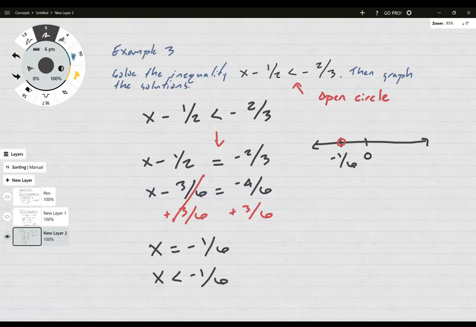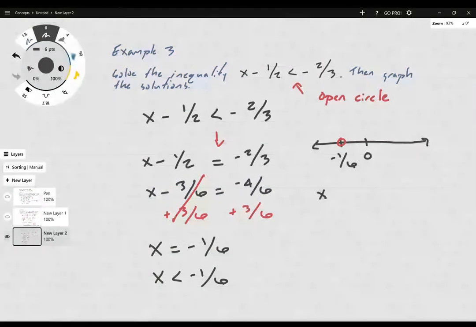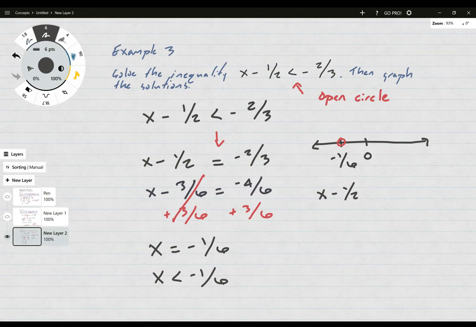So let's take our original inequality of x subtract 1/2 is less than -2/3. But we know we change this to x subtract 3/6 is less than -4/6, because these are equivalent, since we were looking for a common denominator. I'm going to substitute my 0, using x equals 0 in this scenario.